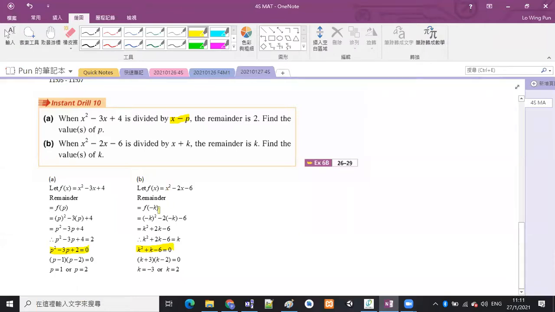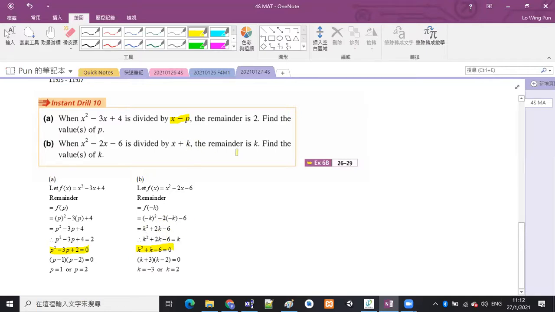When x is replaced by negative k, the square will be for the negative k, so the negative also gets squared. The square of a negative number becomes positive again, so it becomes positive k squared for the first term. For the second term, it's minus 2 times negative k, so it becomes a double negative, plus 2k. And then minus 6. And this is our remainder.